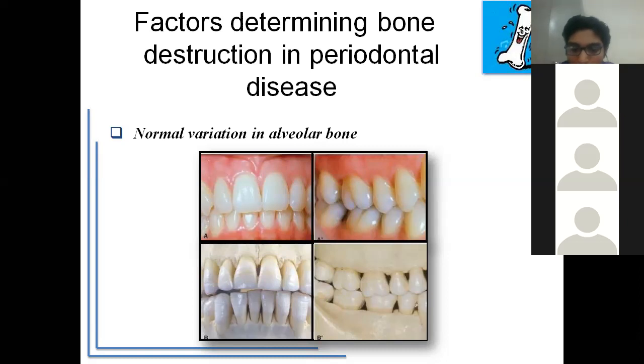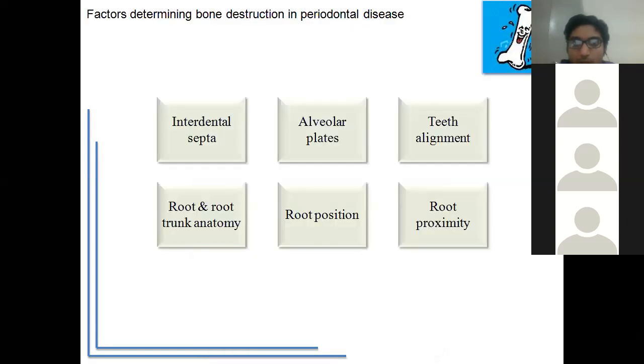It is normal. Now, it depends upon your interdental septa, your alveolar plates, teeth alignment, root and root trunk anatomy, root position, and root proximity. Your architecture of the alveolar bone depends upon all of these factors. If there is malocclusion, it can lead to flat architecture or negative architecture, or an alteration in the root position.